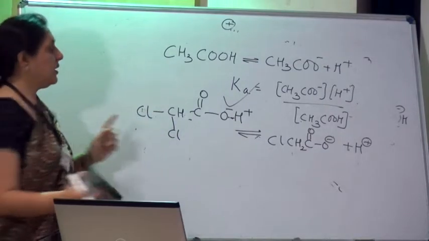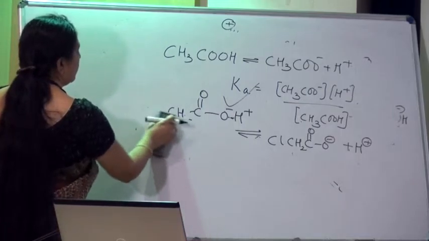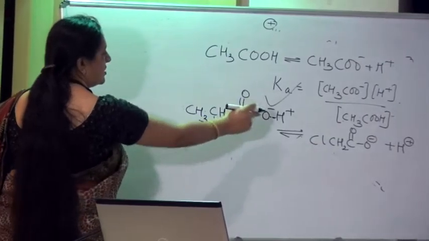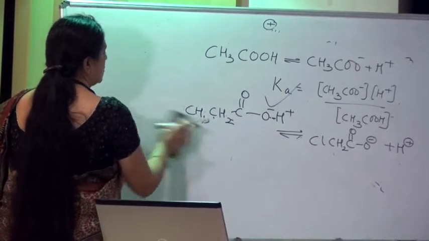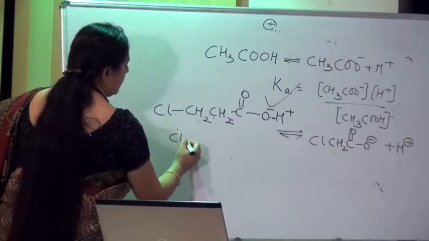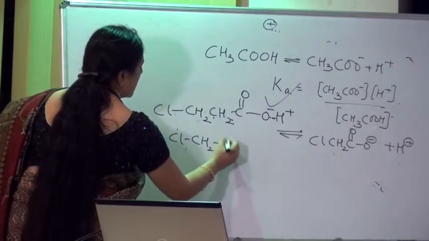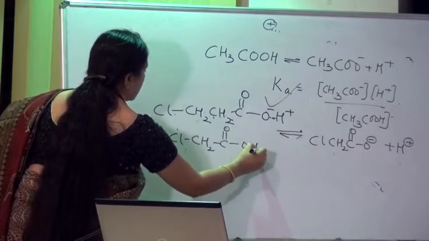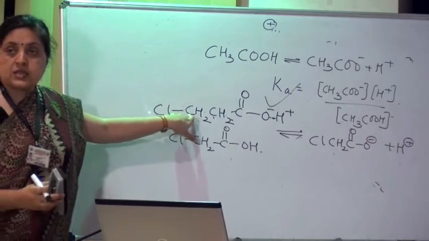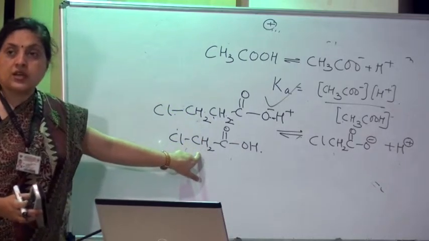But in case I have two species, if I compare this acid and this one, there is a difference of CH2. In this case, this will be the stronger acid.